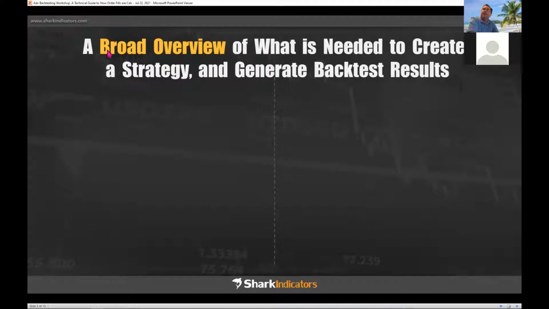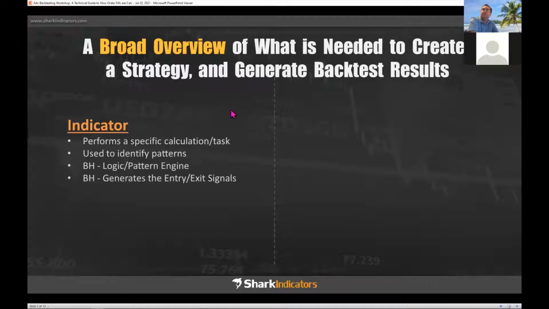Now this is going to take a broad, higher-level overview of the various components that go into a strategy, so that you can then generate your backtest results. So the first thing you start with, when you have a trading idea that you want to backtest, is the indicators, right?